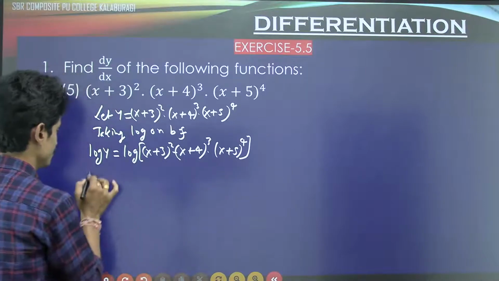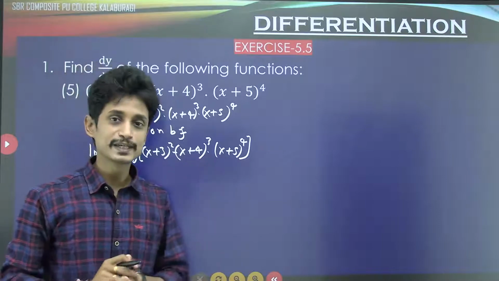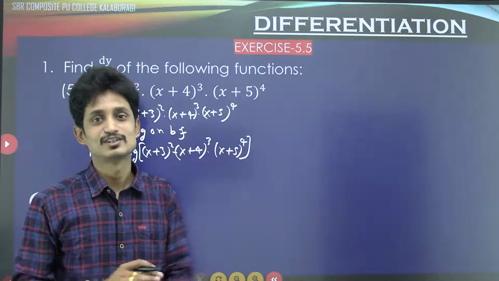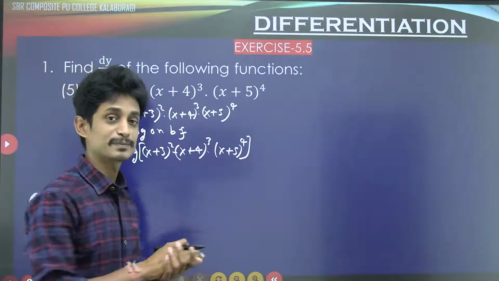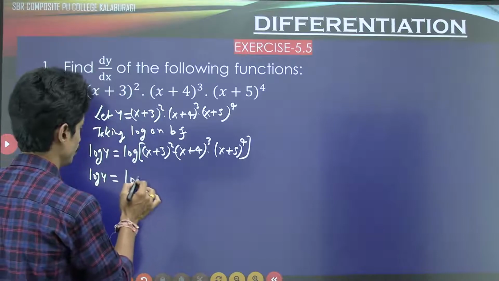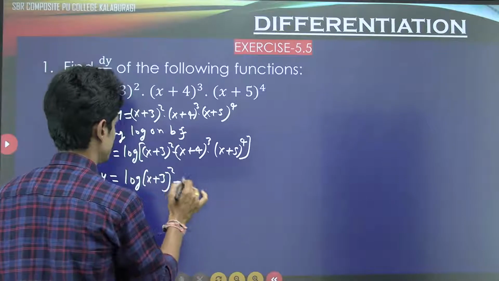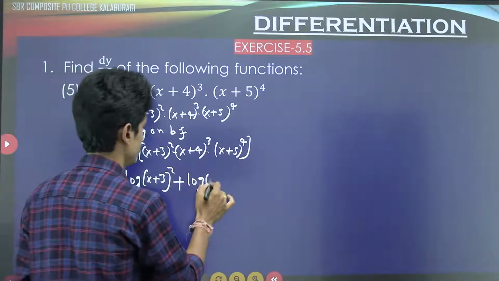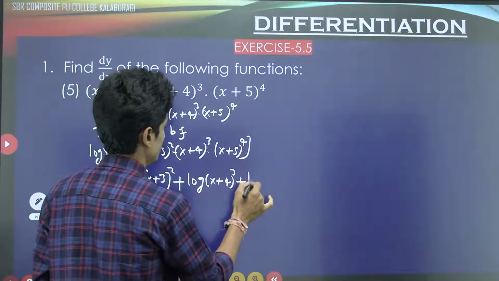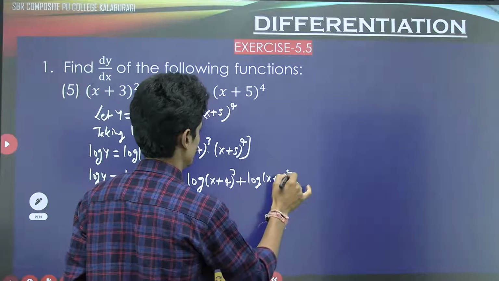Understood? Now, this log y write as it is. Log of mnp means log m plus log n plus log p. Like that we can apply our rule. Log of x plus 3 whole square plus log of x plus 4 whole cube plus log of x plus 5 whole power 4.